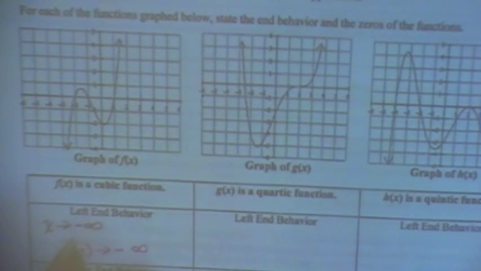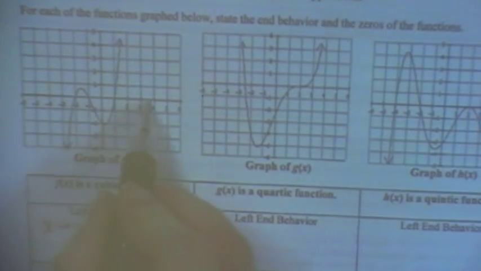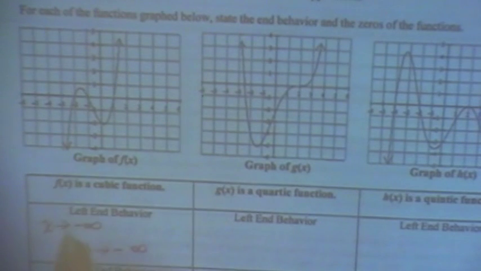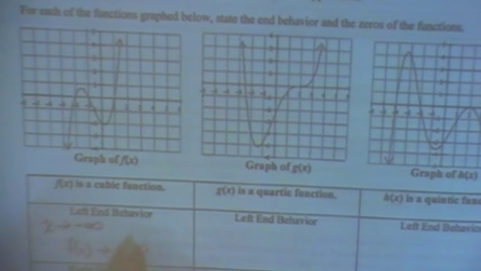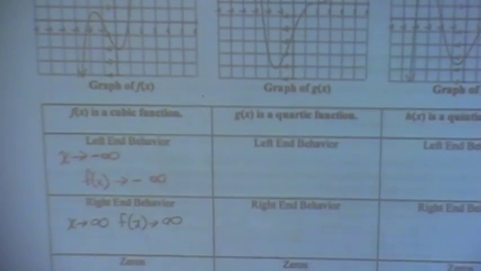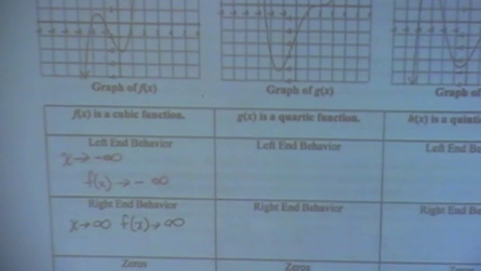That would be as x approaches infinity, because this is going towards infinity, so we're reading to the right. In this case, what is f of x doing? F of x is approaching infinity.